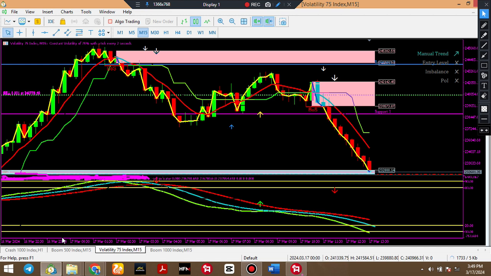Now, these custom indicators are something that I tweaked. I was the one who changed the settings just to give accurate signals. So I made a tweak on it. That means I adjusted some settings. So I won't be showing you all that here. I'm just showing you how you are going to use it.